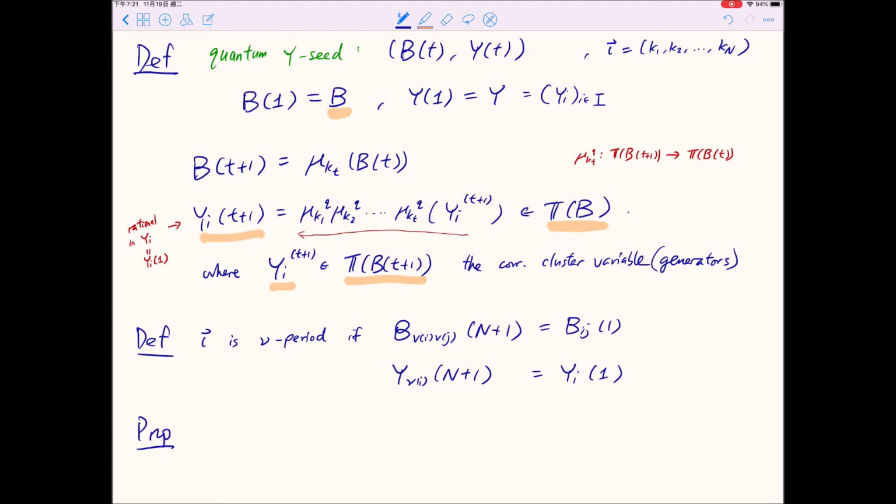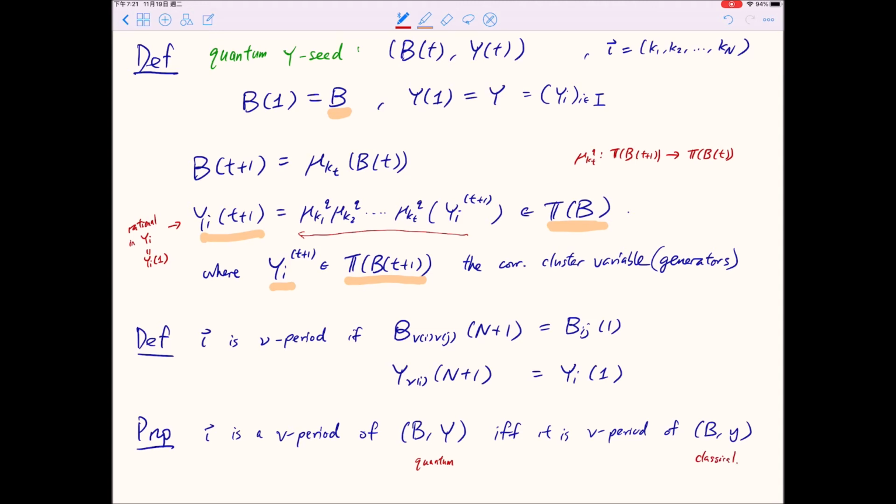And it turns out that checking whether it is a mu-period does not really depend on whether you are in the classical or the quantum case, because the two notions are actually equivalent. So the quantum mu-period and the classical mu-period are actually the same.